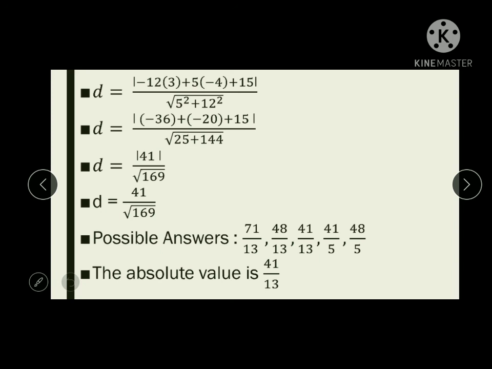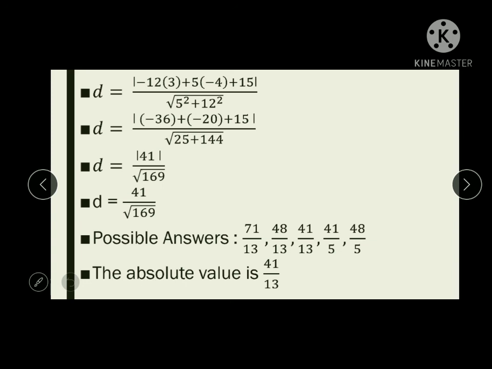And the answer is absolute value of 41 over square root of 169. The absolute value of 41 is same pa rin siya, 41 over square root of 169.